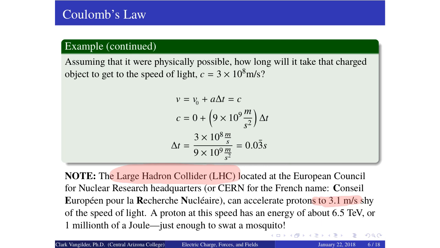It takes an insane amount of energy. Tera electron volts. How much does it cost to run something like that? It costs a lot. It's a multi-billion dollar apparatus that took over a decade to build, multinational.